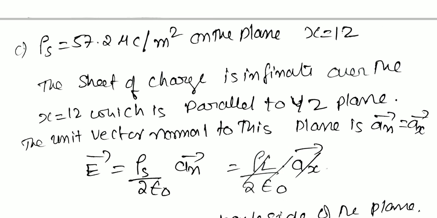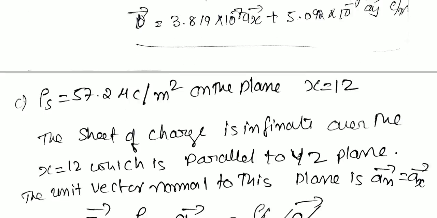So it may be plus aX, meaning our vector can go in the positive x direction or in the negative x direction, because positive x is perpendicular to the yz plane and negative x is also perpendicular to the yz plane. So which one do I have to choose? In order to see that, we will see the value of x.